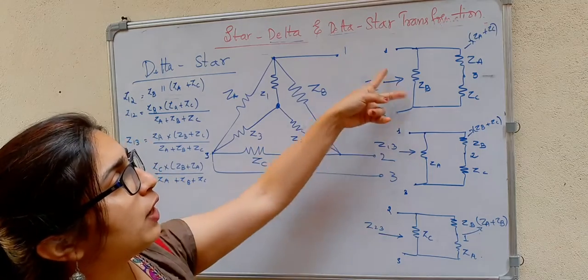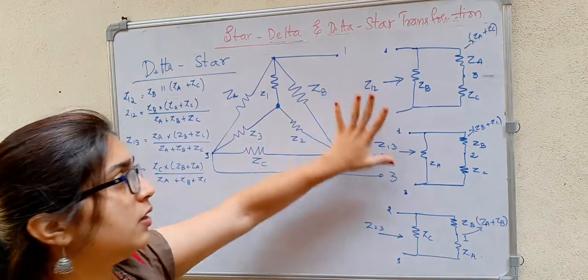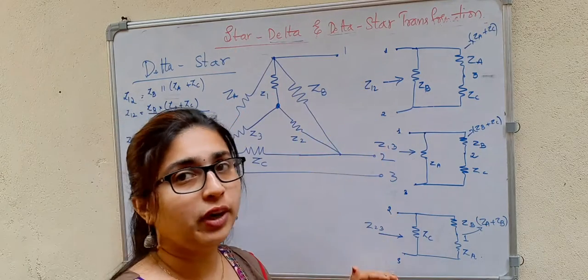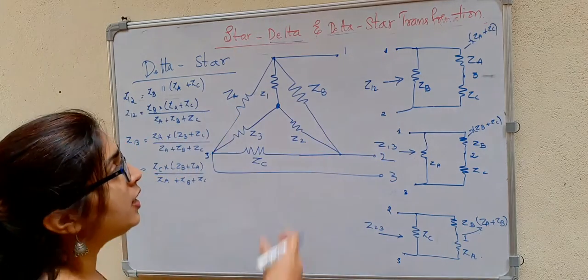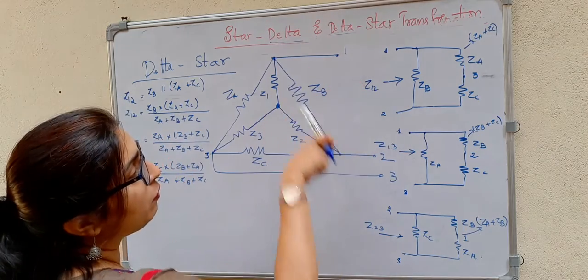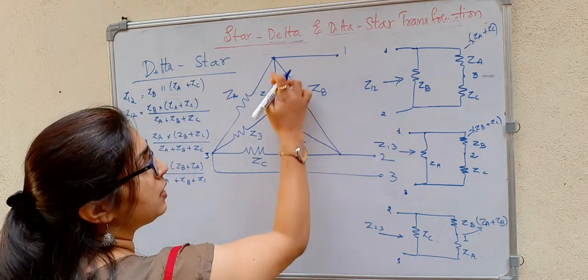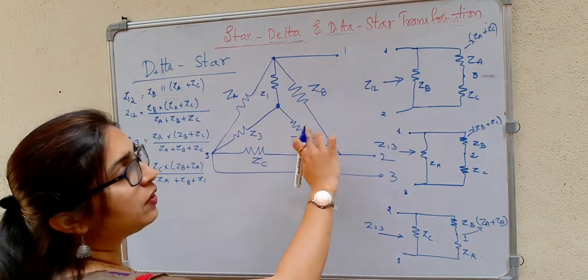Between terminals 1 and 2, now we will go for the star connection. For the delta, we have found the equivalent impedances. Now let us consider the star connection. Between 1 and 2, you have two impedances in series, only consider these two, Z1 and Z2.